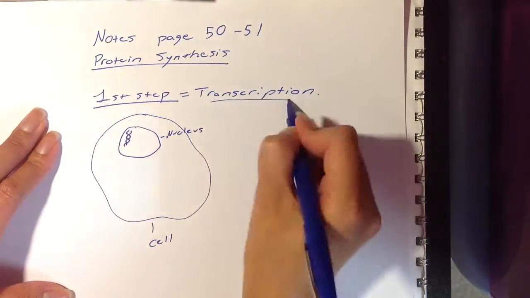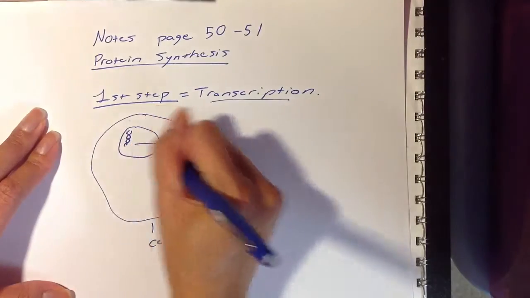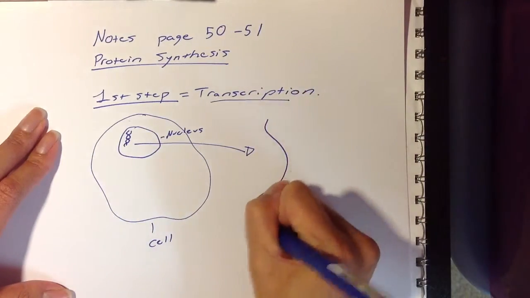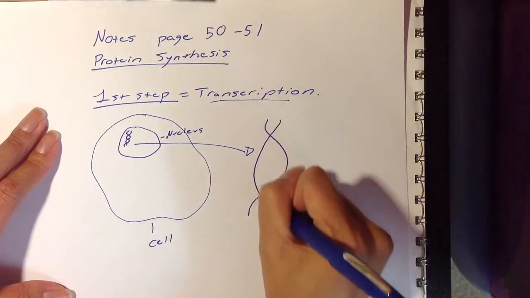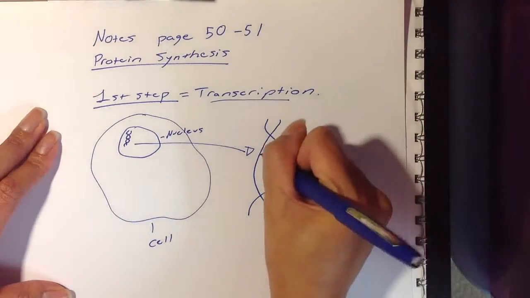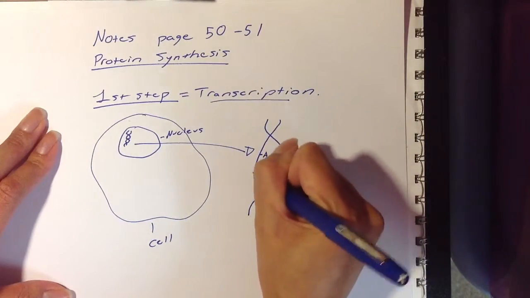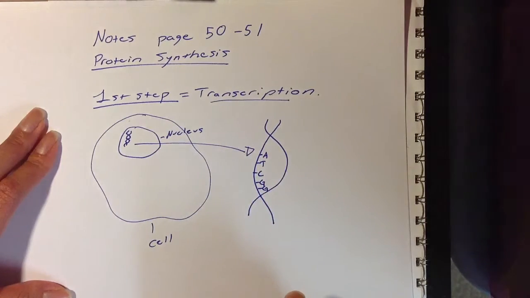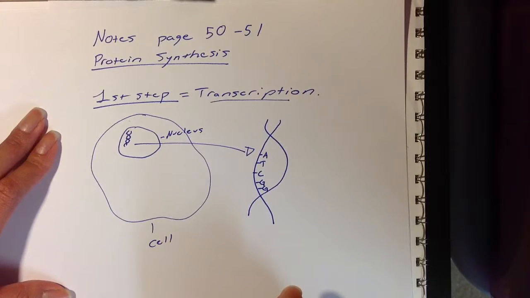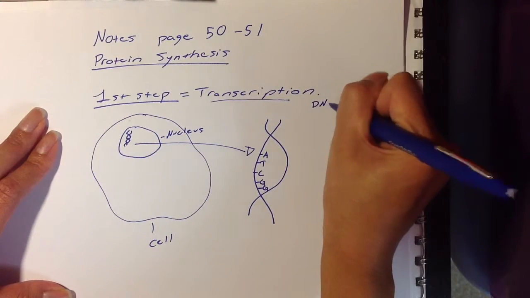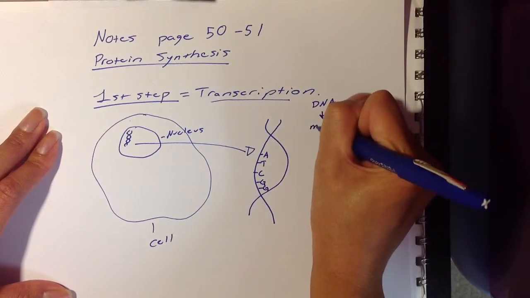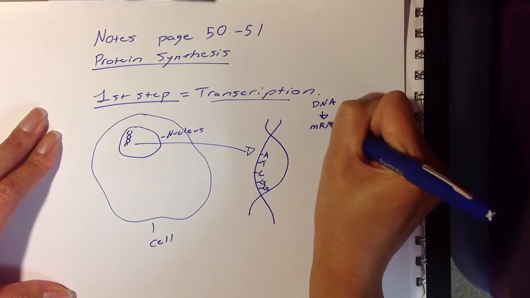In transcription, what happened, and I'm just going to zoom out for a second, you had your DNA, and basically your DNA opened up and it revealed some base pairs of the DNA. In transcription, we basically had the copy of DNA and used the copy of DNA to make a code called mRNA.